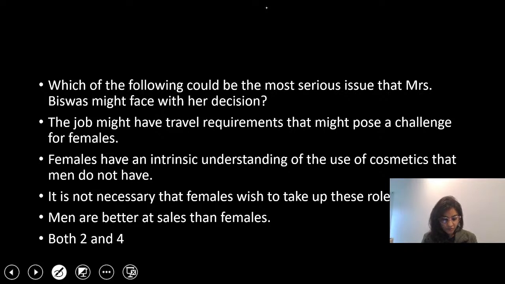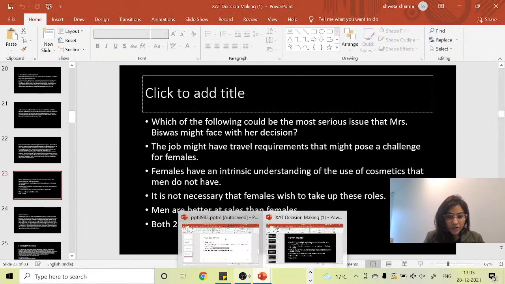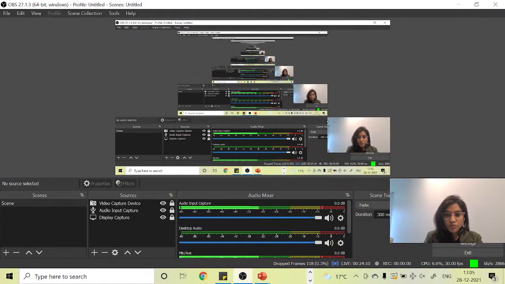Yes, Prashant, I will be reducing my frame. Let me see if I can do that, but right now I don't think I'll be able to. Let me just try doing it, though I'm not sure if I would be able to. I'll have to ask them for the settings, I think.